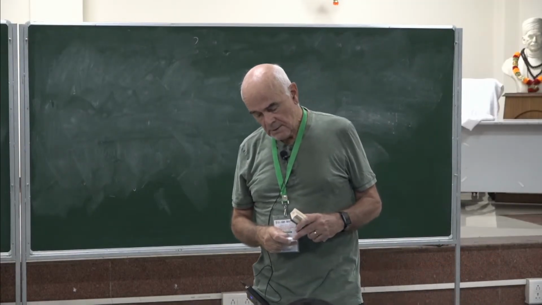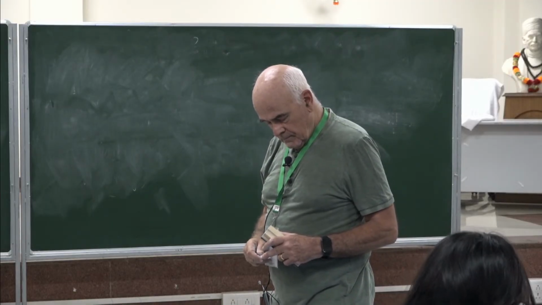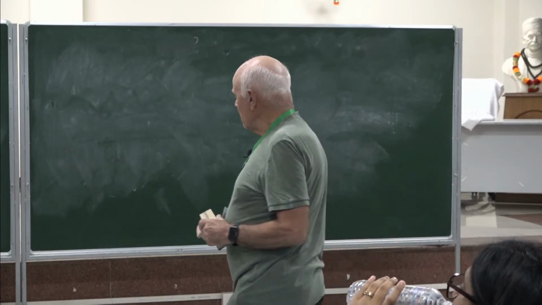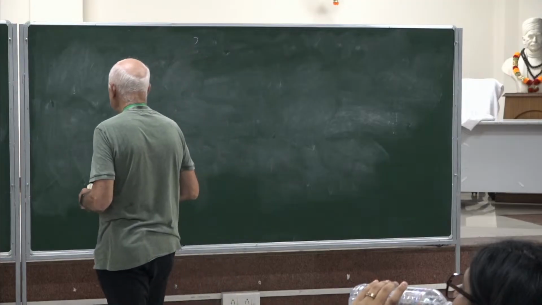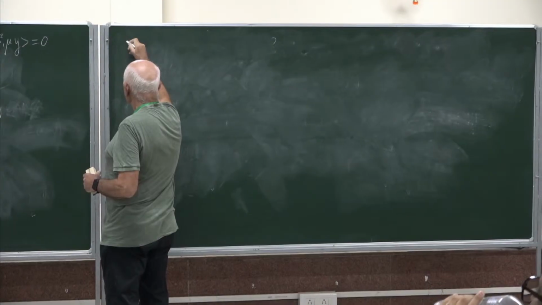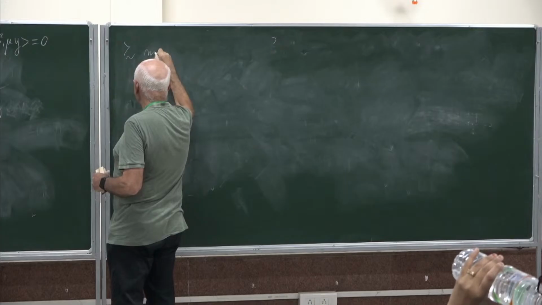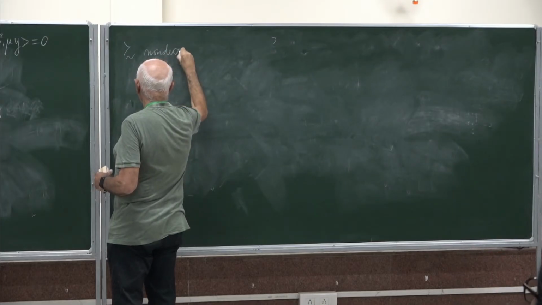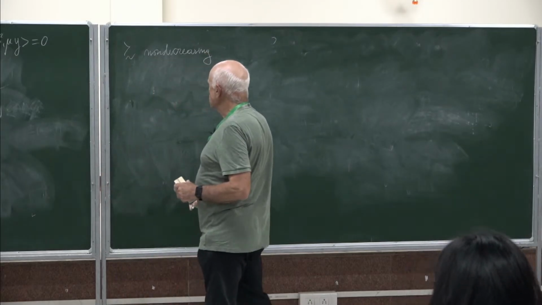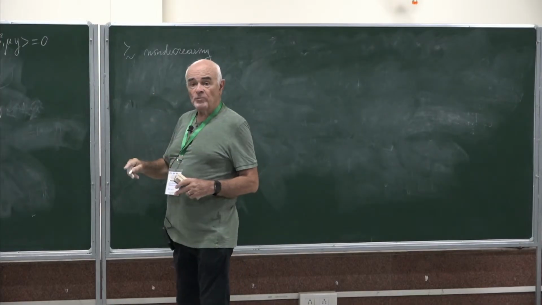Suppose that the graph of our relation, our preorder, is non-decreasing, and has a convex graph.